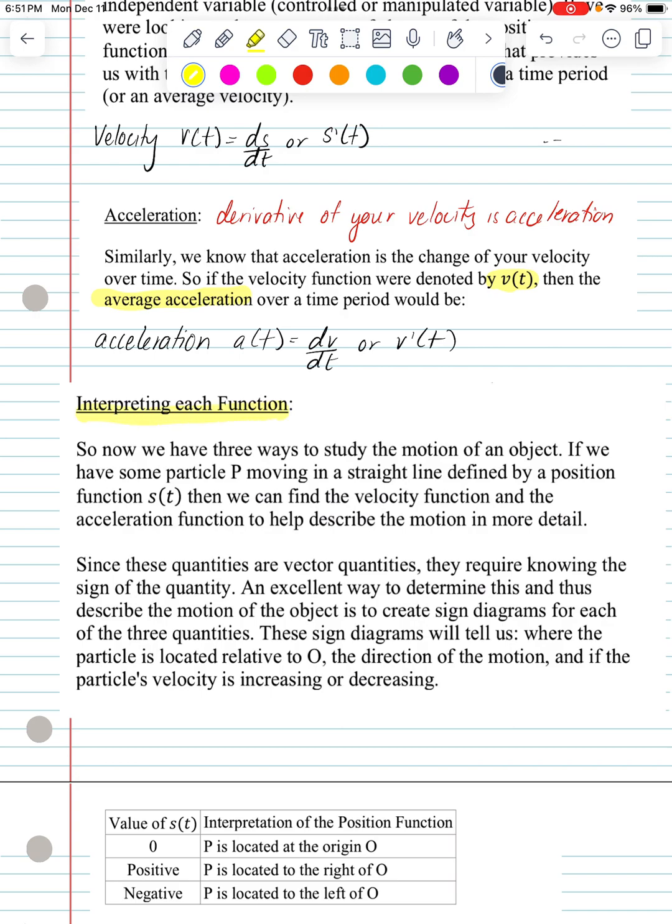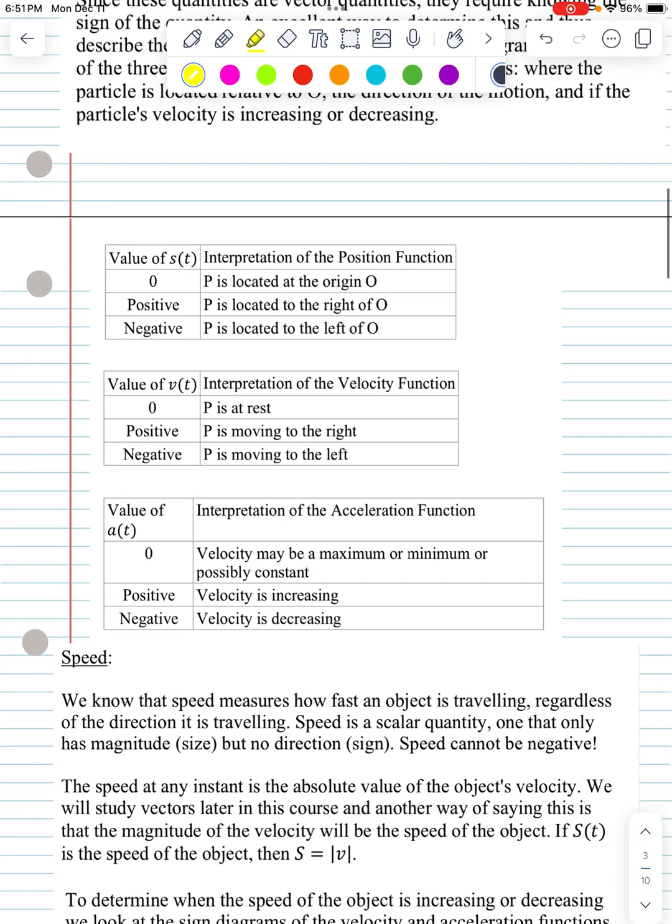A lot of it's going to come down to doing sign analysis, or inputting values into the velocity, acceleration, or position functions. Okay? So here's a little table that can give you a brief piece of information about what the values that we are finding when we plug into the position function, the velocity function, and the acceleration function, and what that tells us about the movement.